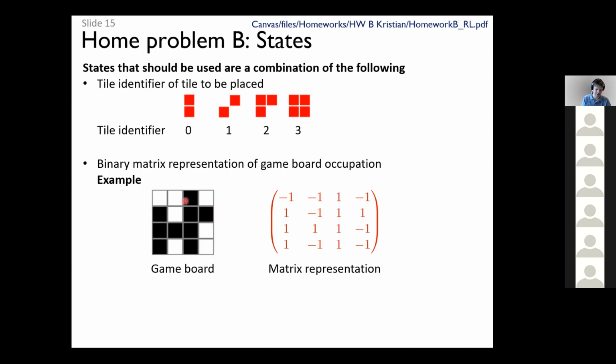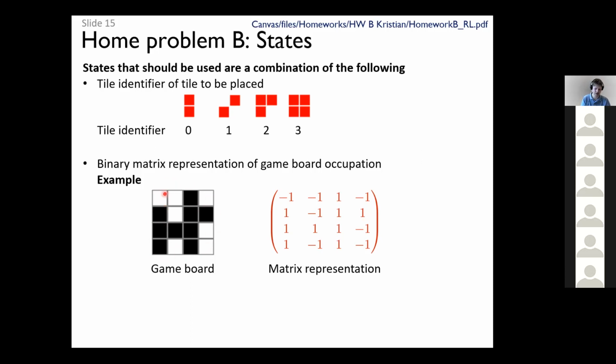So here we have 3, 2, 4, 3. That would be one way to represent the state, or the number of holes in each column. So 0, 1, 0, 2, and so on. So one can have many different state representations. But if we have a binary matrix, all of this information is included.